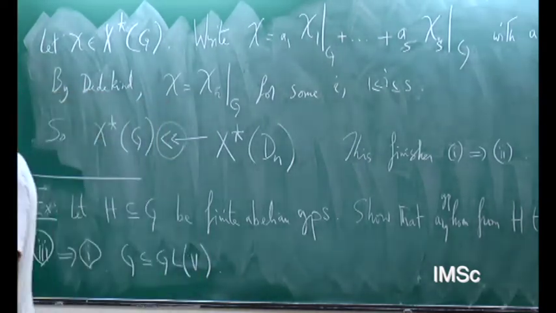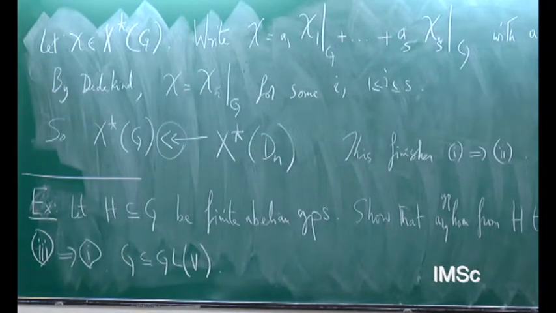This, of course, you can do without any assumption on G, so this is always true. Now I know that every rational representation is a direct sum of one-dimensional representations. This V I think of as a rational representation of G. It is a direct sum of one-dimensional representations, which means that there are common eigenvectors for all elements of G. That's what it means.